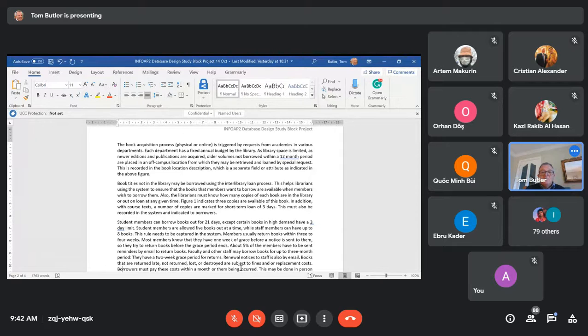Okay. The next, it also indicates the need to move older volumes that haven't been borrowed, in order to free up space within the library, into an off-campus location. So you need some way of, and all you need to do is very simple, right?